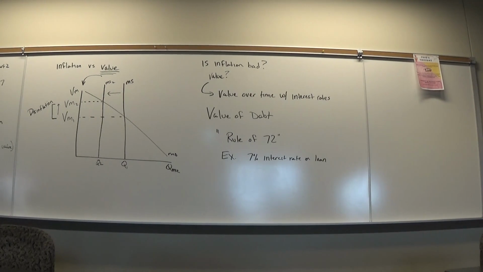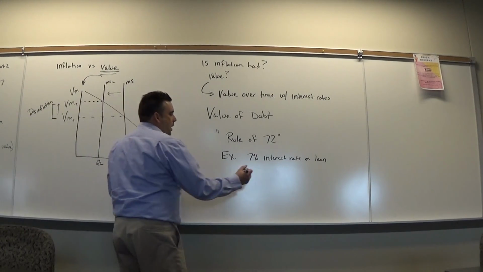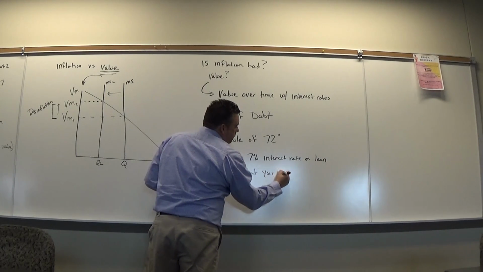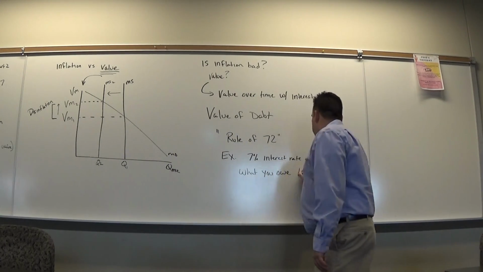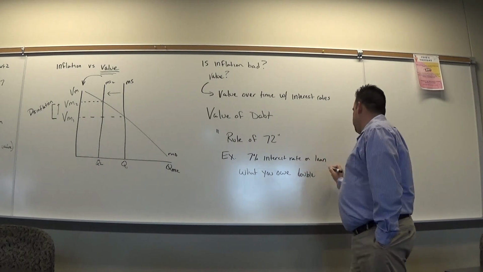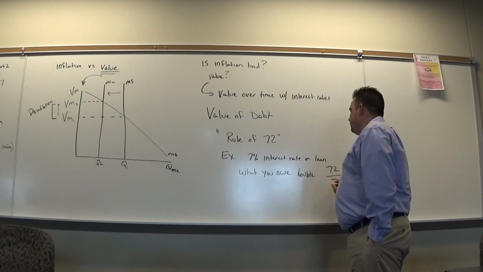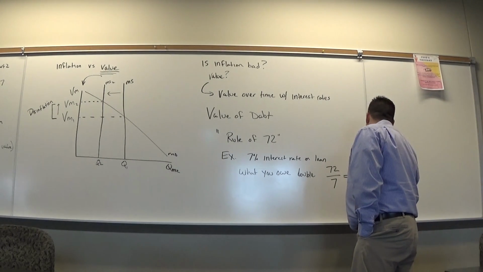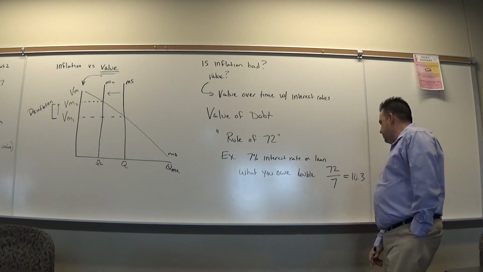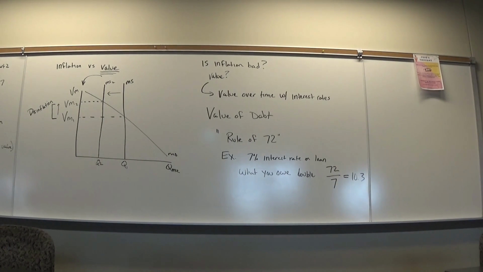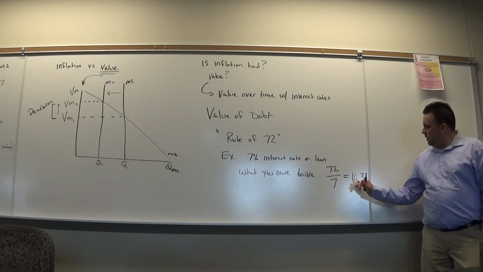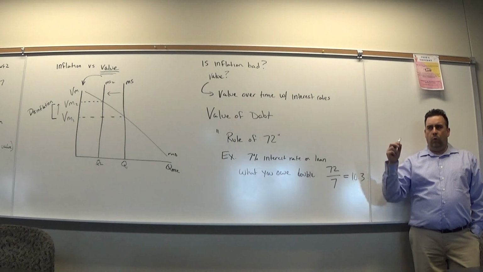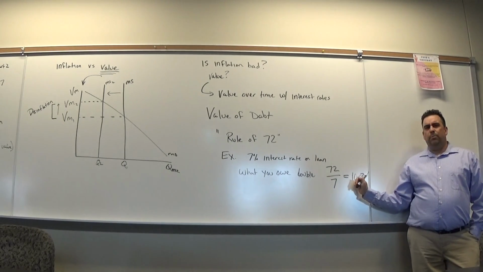So if you have a 7% interest rate on a loan, the balance of that loan, of what you owe, will double in approximately 72 divided by 7. 72 divided by 7 is 10.3-ish. And again, there's going to be a little bit of rounding involved because I think the actual exact time is 10.25.